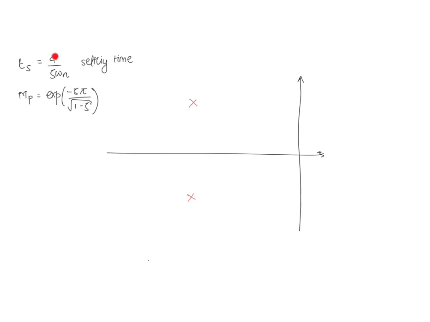So the larger this denominator, the smaller will be the settling time. But zeta omega n is whatever it is along this real line. So the further along you are into the left hand side of this diagram, the settling time decreases.